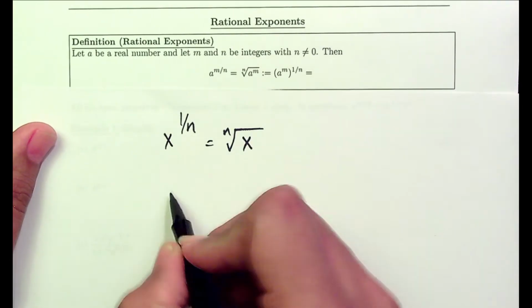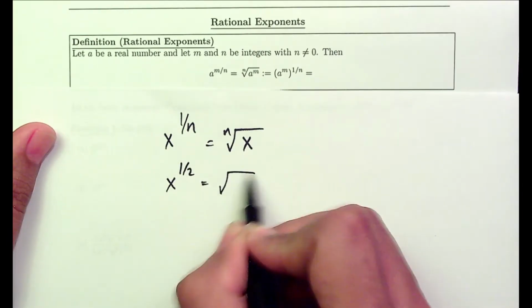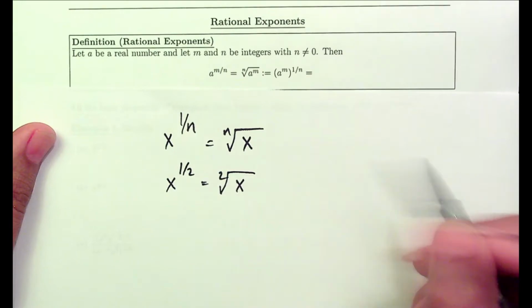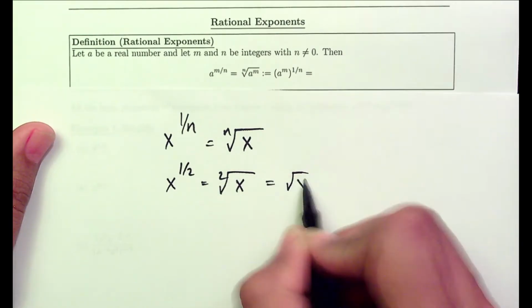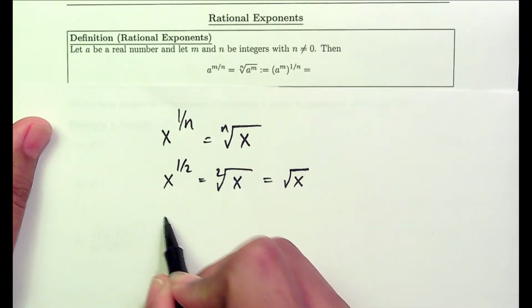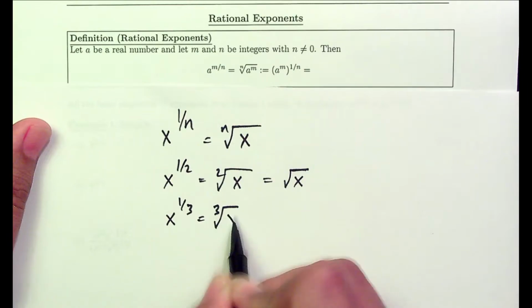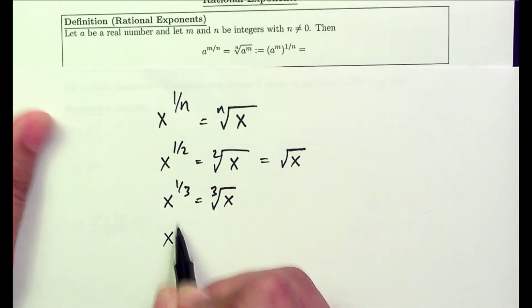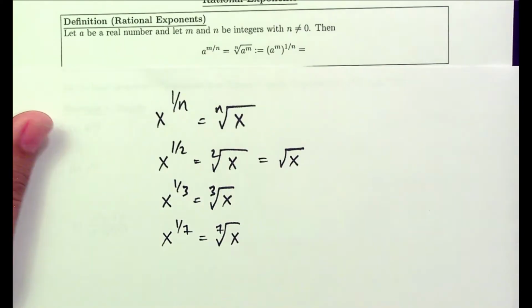So for example, x to the 1/2 means the square root, and usually we don't write the 2, it's just that. And then x to the 1/3 would be the cubic root, and x to the 1/7 is the 7th root, and so on.